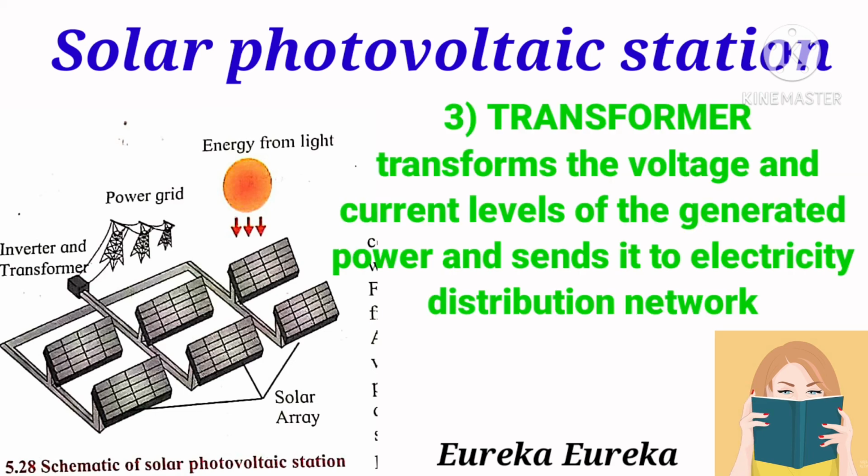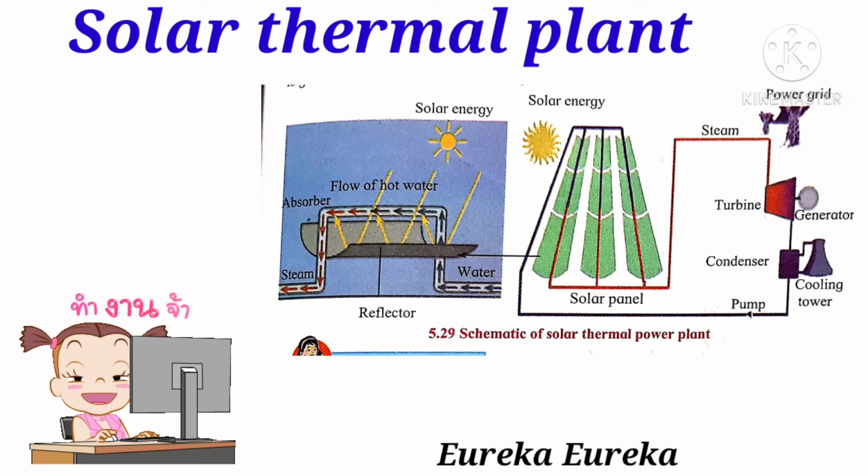And lastly, there is a transformer which transforms the voltage and current levels of the generated power, and then it is fed into the electricity distribution network. So this was a discussion related to the solar photovoltaic effect and use of solar photovoltaic cell.